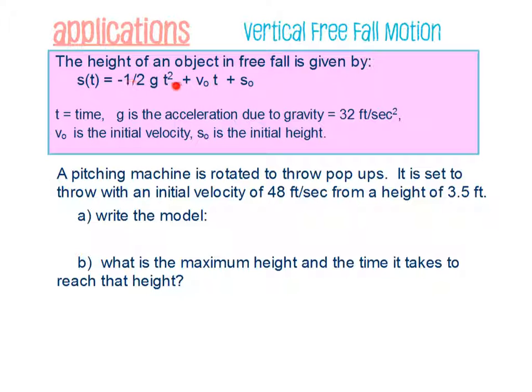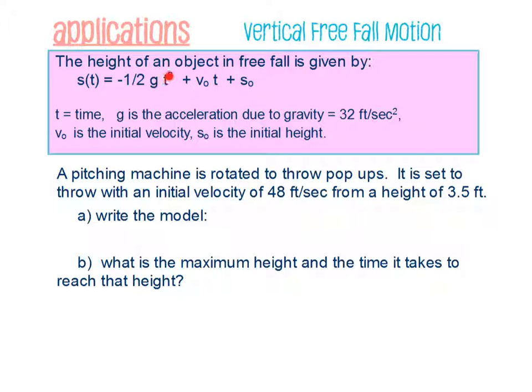This is your formula for vertical free fall motion. You don't really have to memorize it, but you have to understand it enough to use it. S of t, so S usually stands for position, so the position of the object with respect to time is equal to -1/2 g. G is the acceleration due to gravity. On Earth, we call it 32 feet per square second.